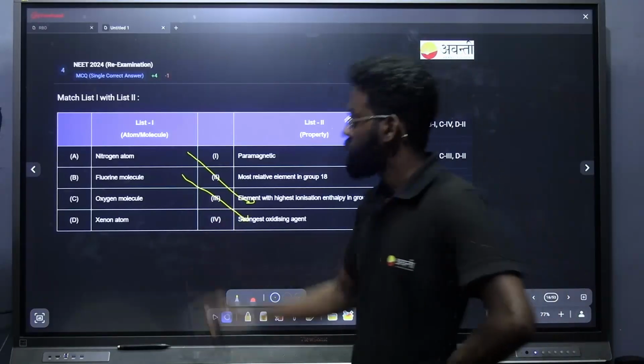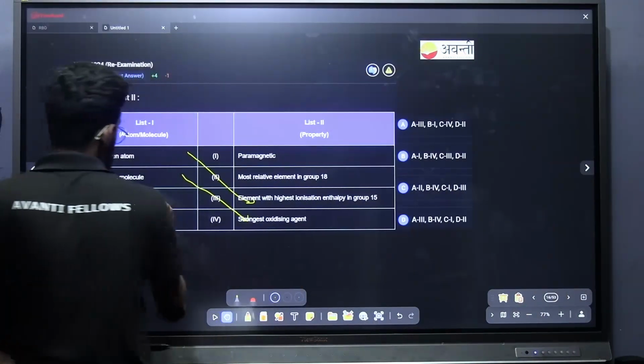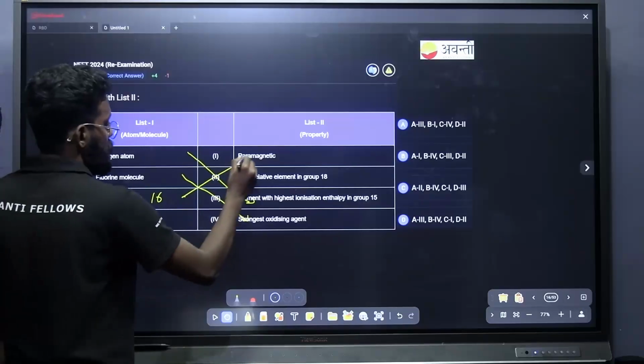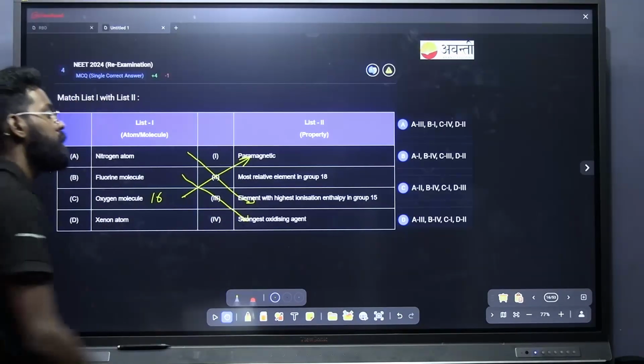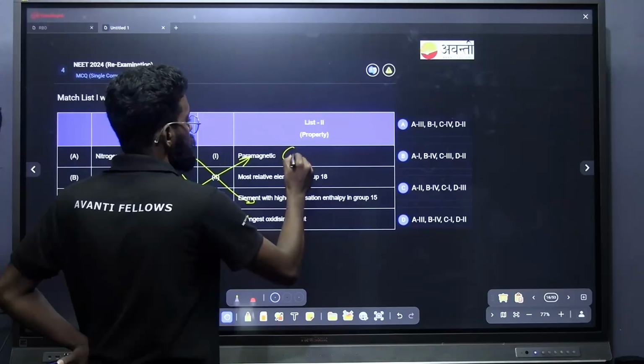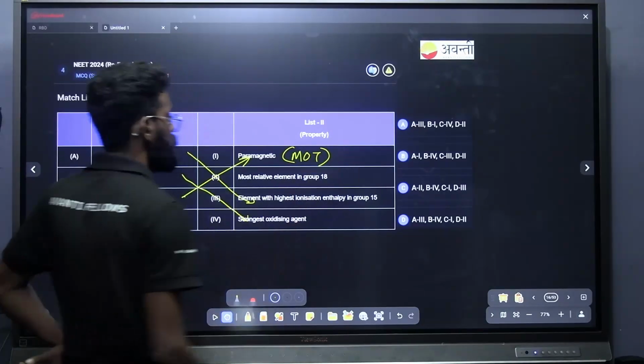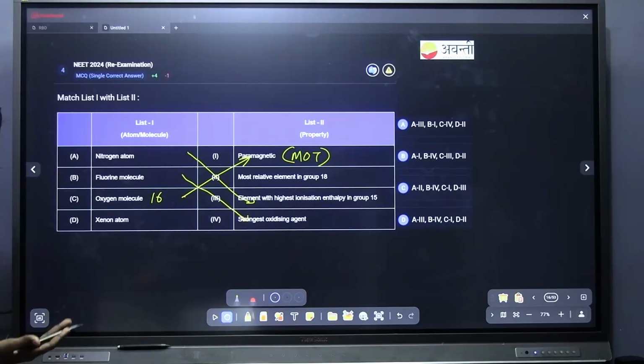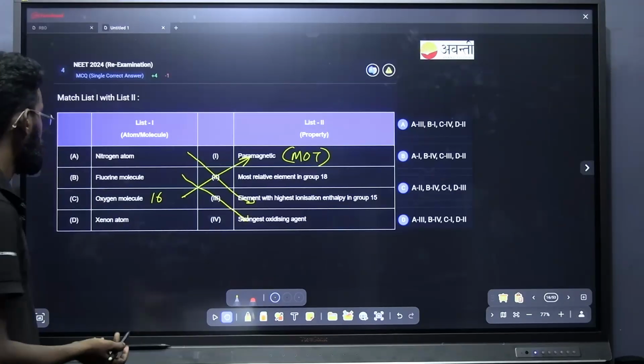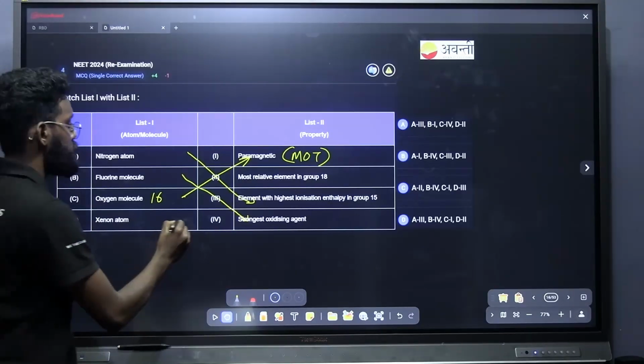Now what about oxygen? Oxygen has 16 electrons. Yes, it is paramagnetic. We will understand that through MOT, molecular orbital theory, which we will be discussing in the next class. Now the last one is xenon.